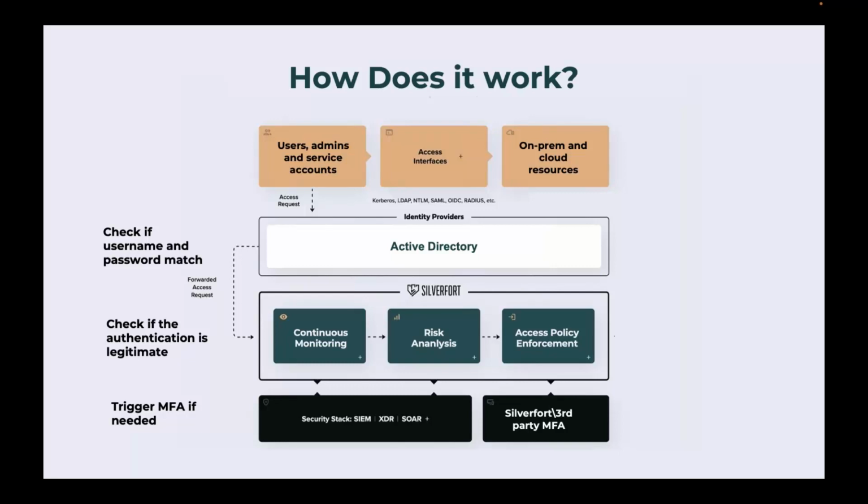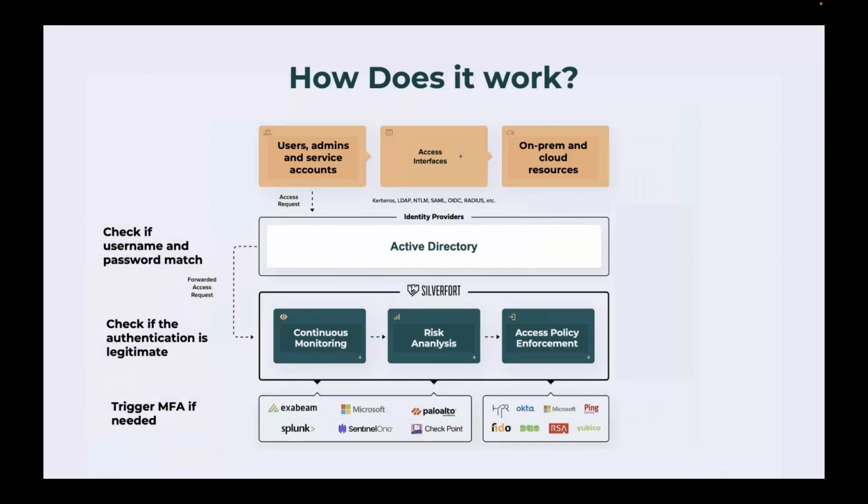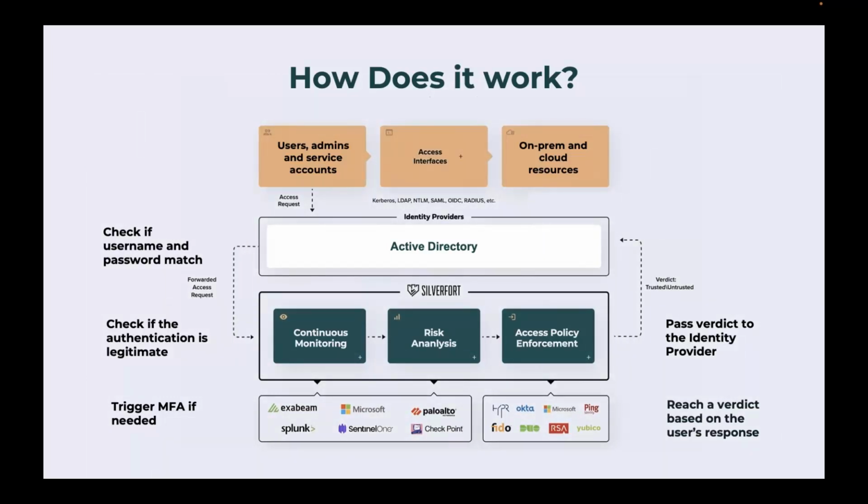If it's a service account, we either block the access or notify the SIEM with an alert. Either way, Silverfort reaches a verdict on whether the attempted authentication is malicious or benign, and passes this verdict to Active Directory. Only then, based on Silverfort's verdict, Active Directory either grants or blocks access for the service account or the user.